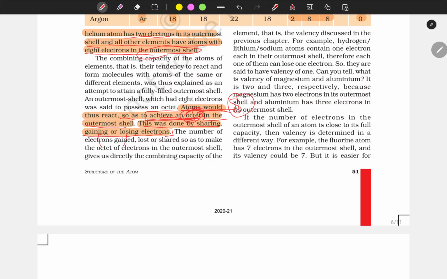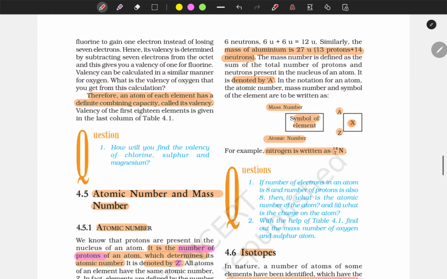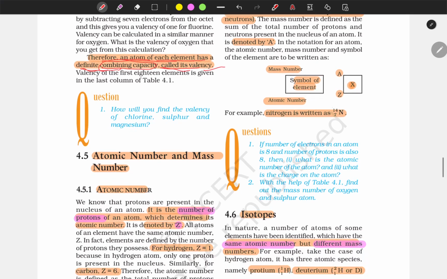Why? Because this is the most stable position. Therefore the definite combining capacity of an atom of each element is called its valency.